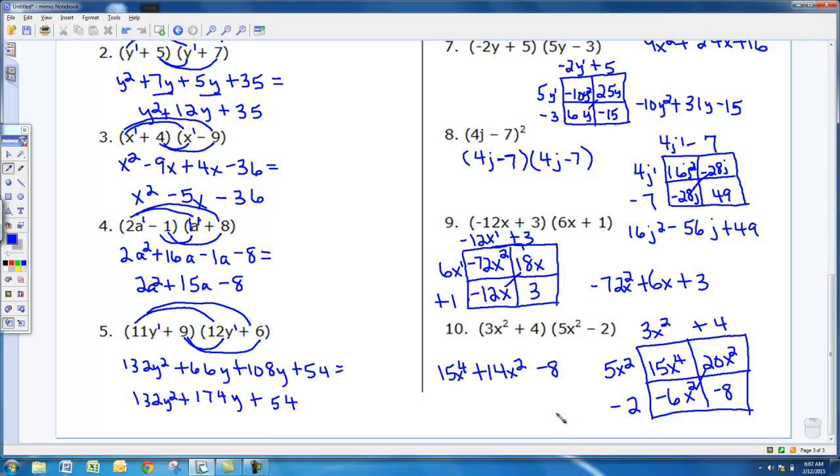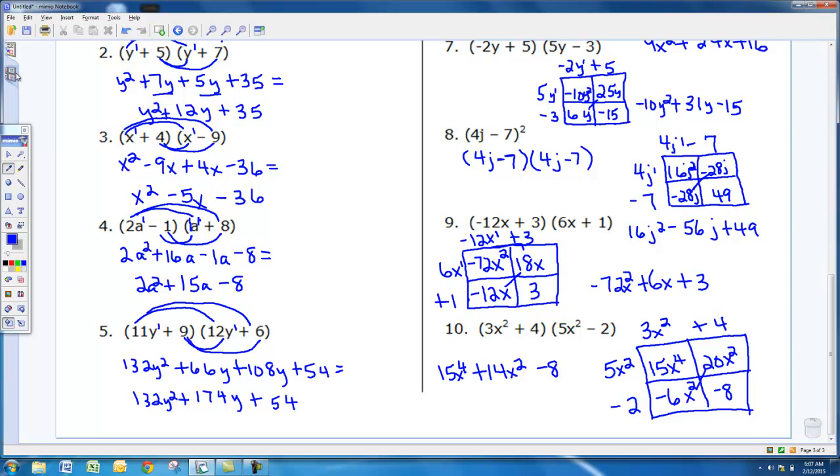Okay, that's the end of today's lesson. Spend the remainder of the class working on the practice multiplying binomials that you find on the back of this page. And you may also use this time to have Mr. Wappelhorst check your answers for the 2 assignments that are due on Monday.